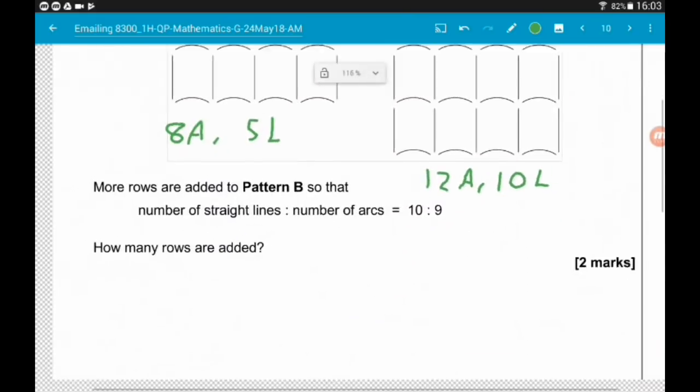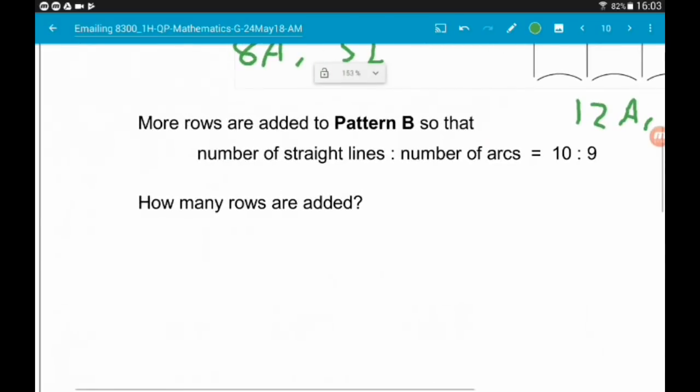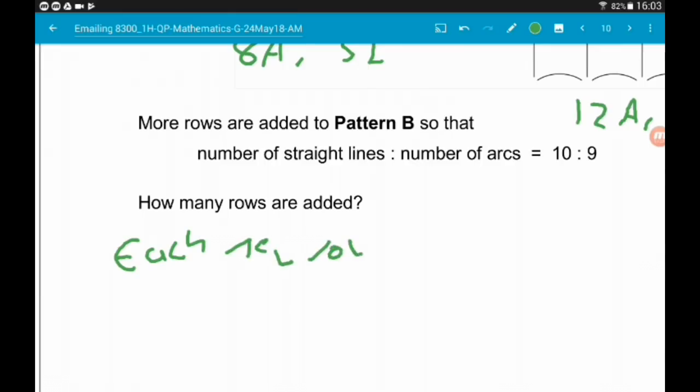So each new row adds 4 arcs and 5 lines.